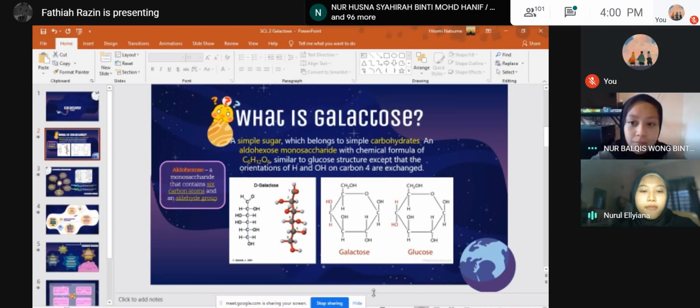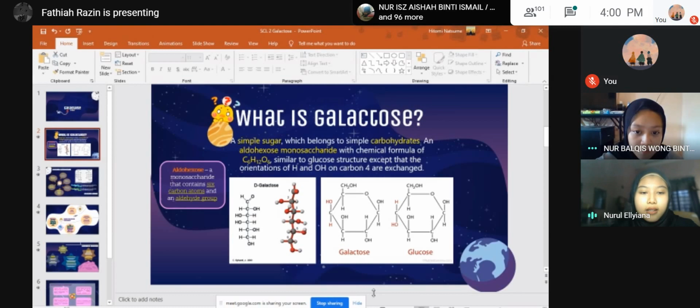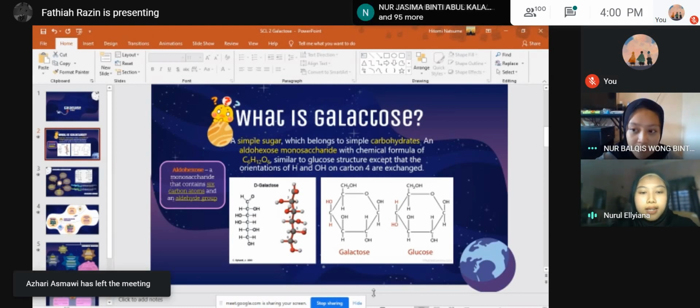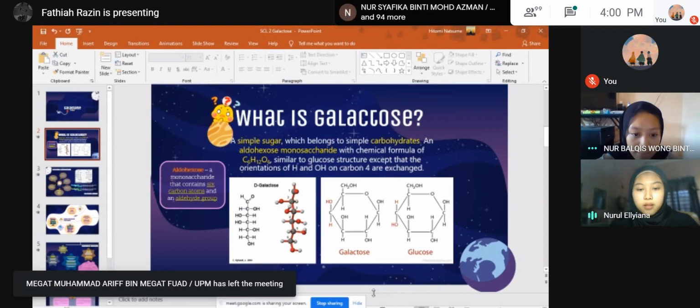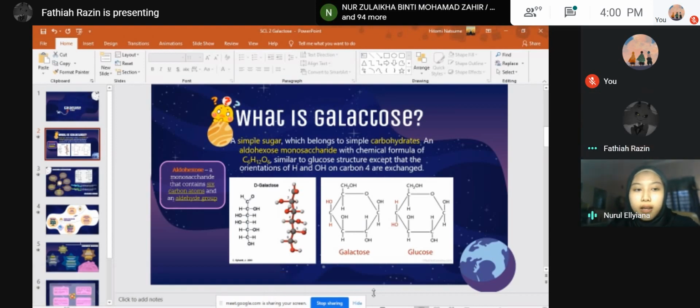So on the left picture, this is the structural formula, and this is the 3D structural formula. On the right side, we can see a structure of galactose and glucose. Galactose we can get from the hydrolysis of lactose. We can get galactose and glucose.